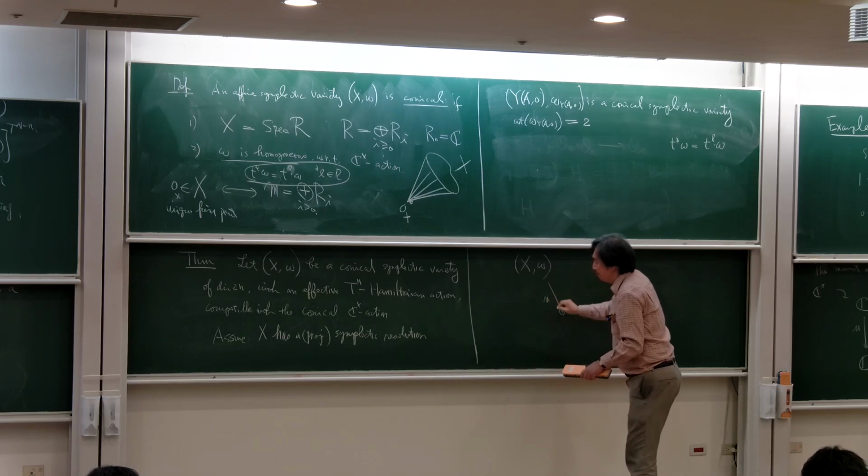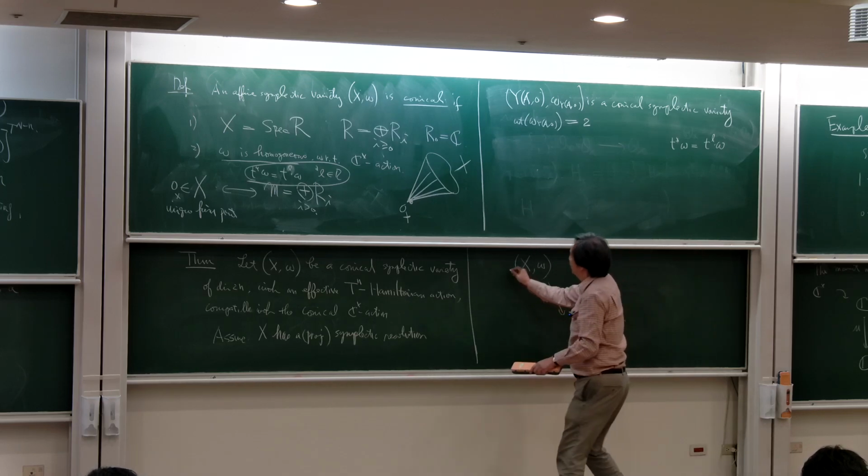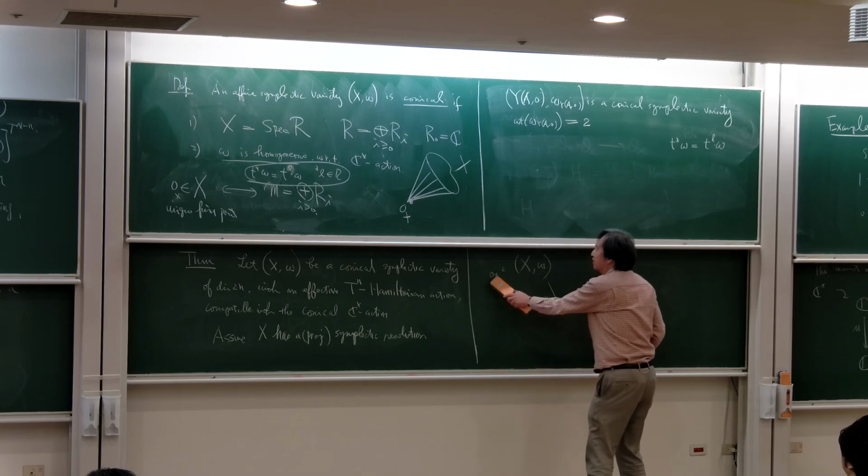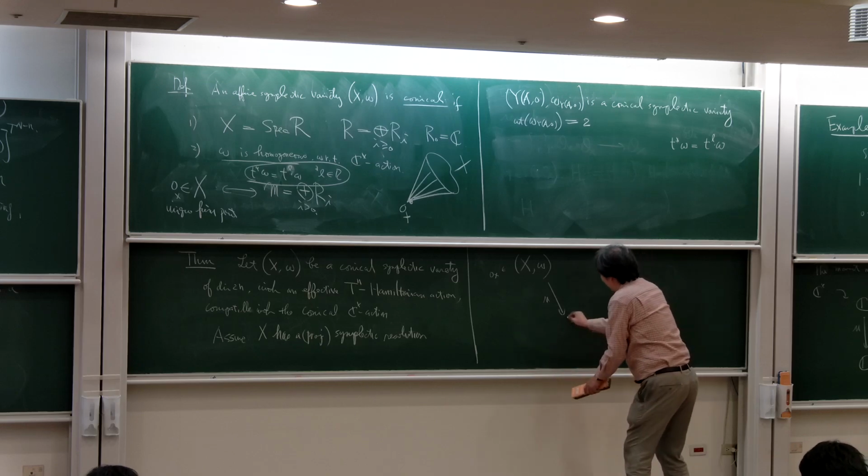Here you have a moment map, and you choose this moment map so that the origin goes to the origin of the dual space of the Lie algebra.